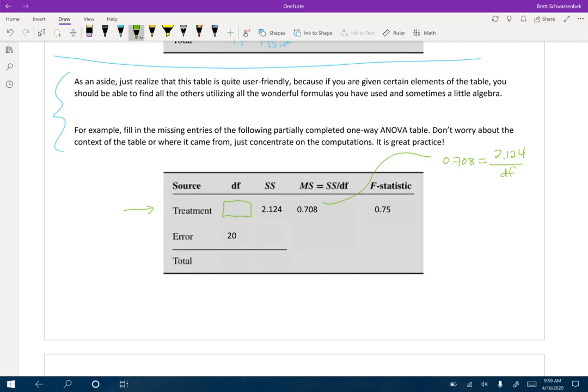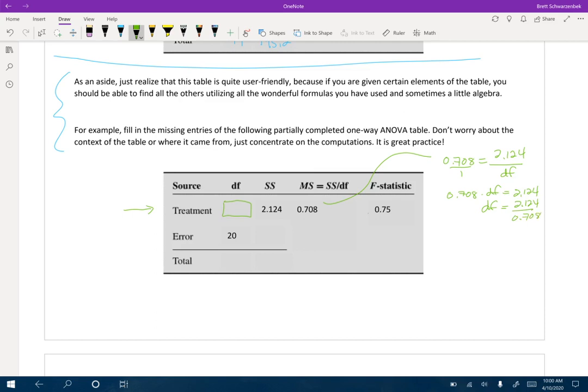So that means we should be able to do a little bit of algebra here in order to figure out what the missing piece is. If you cross-multiplied, so if we put this over 1 and cross-multiplied, we would get 0.708 times df is equal to 2.124, which means df is equal to 2.124 divided by 0.708.